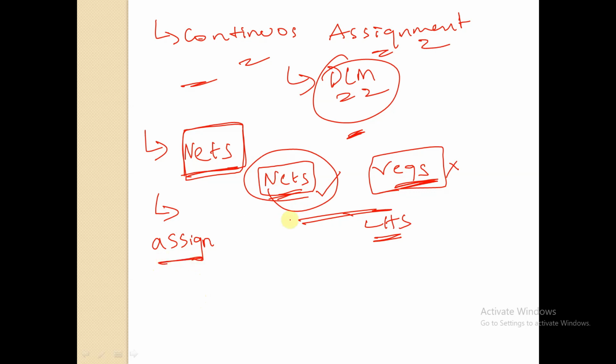Let's declare a net, say wire A. Wire A is a net. If we want to store a value in the net A, we use the keyword assign followed by the net A is equal to a value.